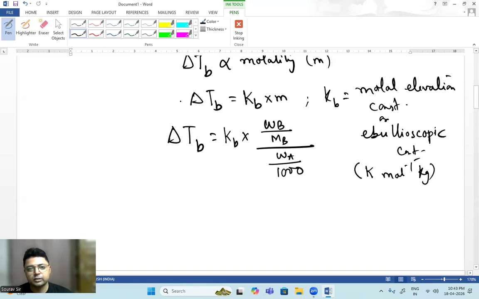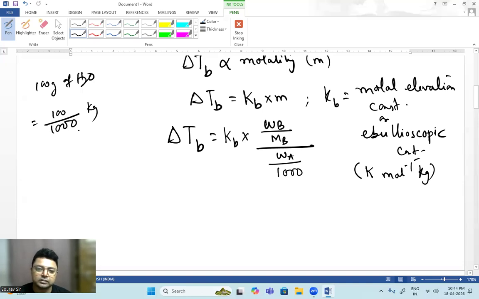If you are given 100 grams of water, you have to convert it to kg, 100 by 1000.